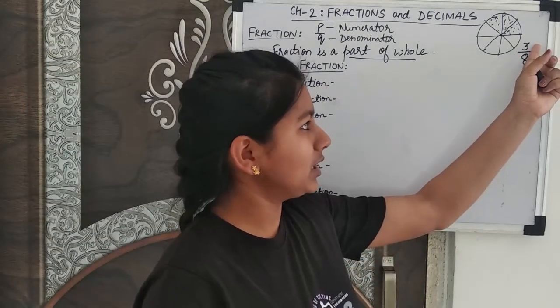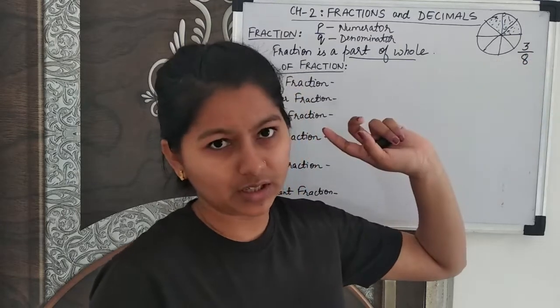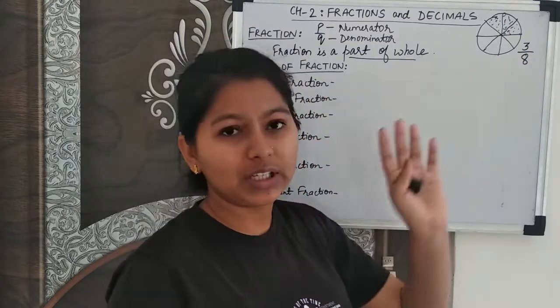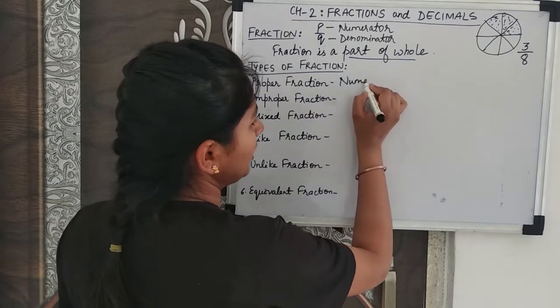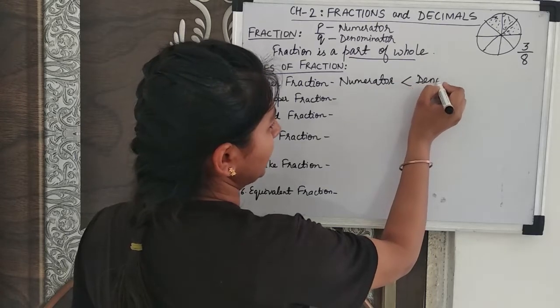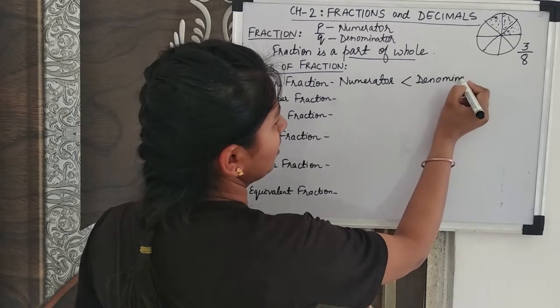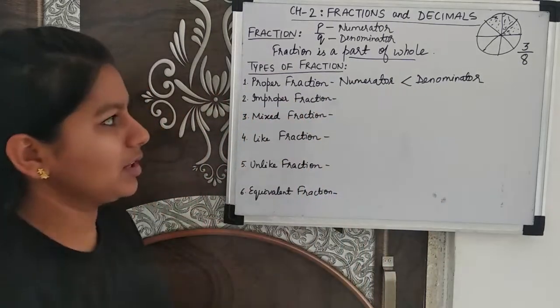Like this, the numerator should not be greater than the denominator. So whenever the numerator is less than the denominator, then this is the case of proper fraction.